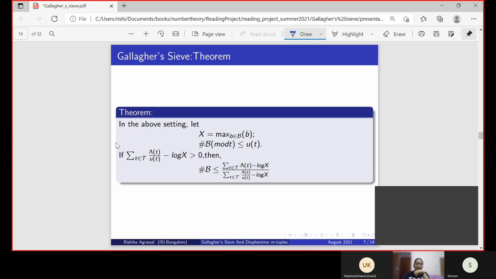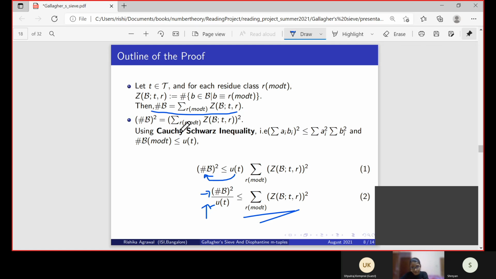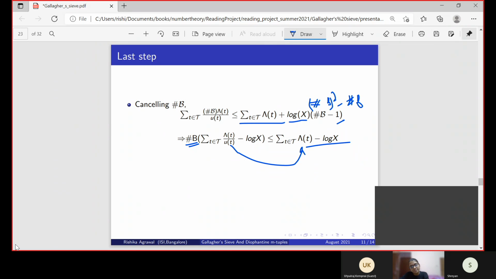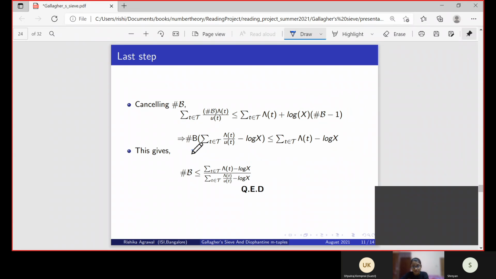Okay, so where have we used this condition? Looking at the proof again, have we used this condition? Okay, so we have used this condition in this step when we are bringing this to the right. If we don't have the condition that this is greater than 0, the inequality here would invert.